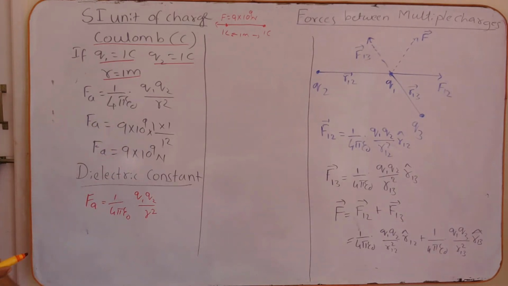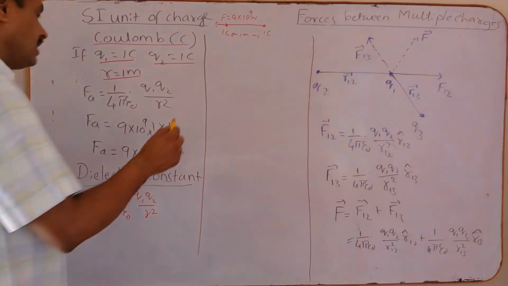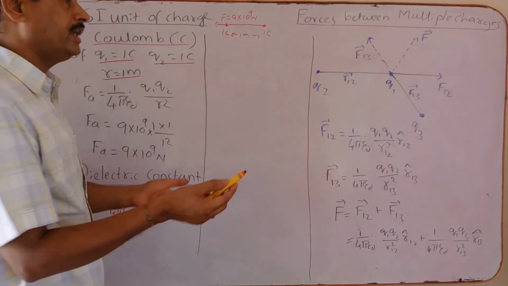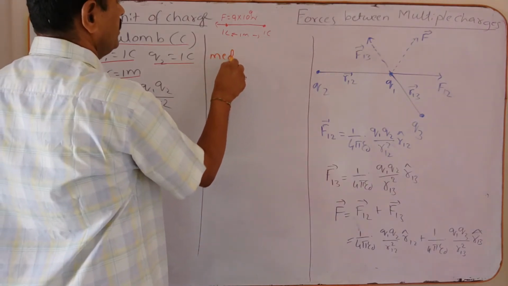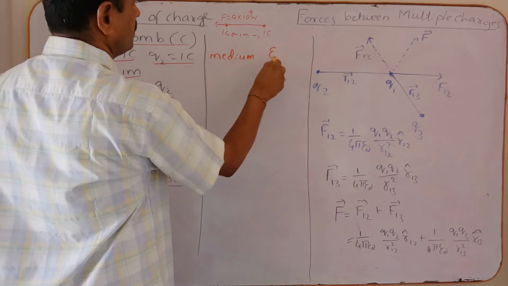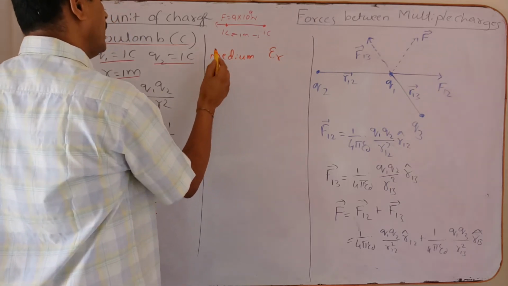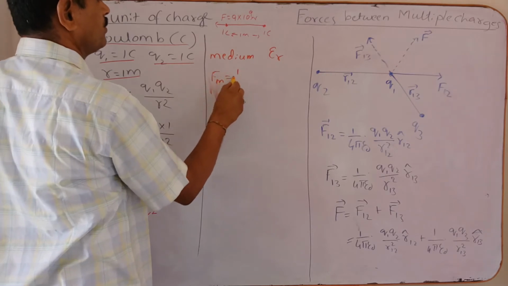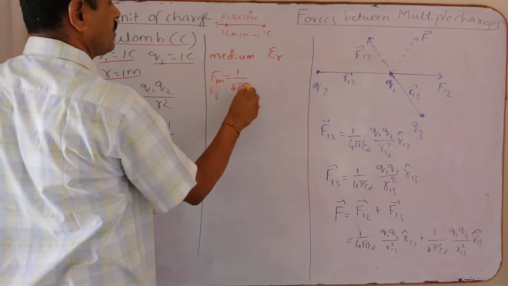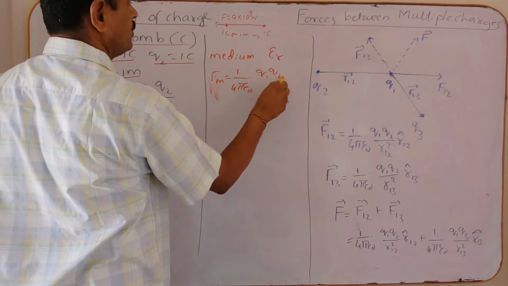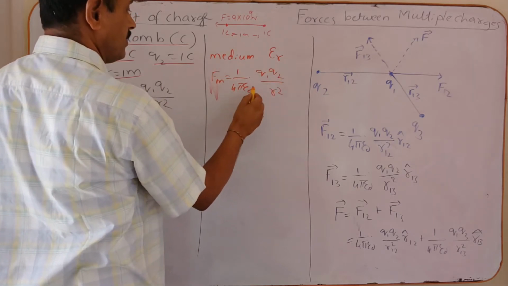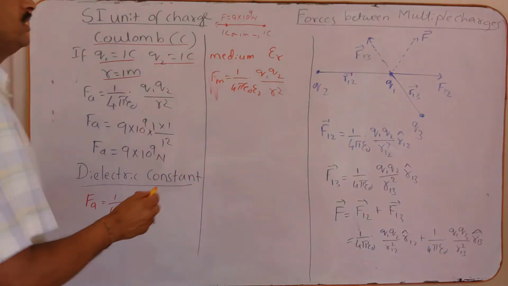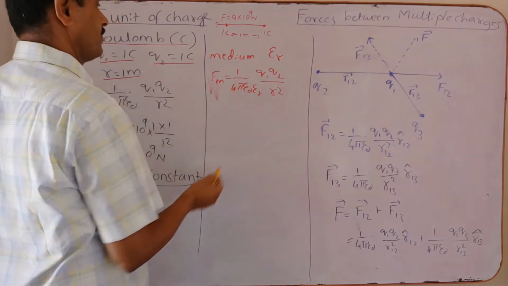When the same charges are placed in a medium other than air, of dielectric constant epsilon r, at that time the force equation is Fm equal to 1 upon 4 pi epsilon naught epsilon r Q1 into Q2 divided by R square. Instead of epsilon naught you take epsilon r here.